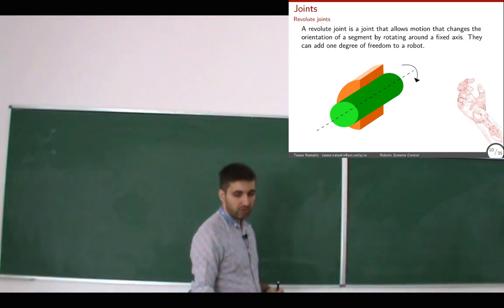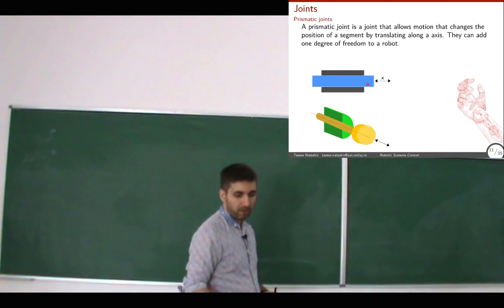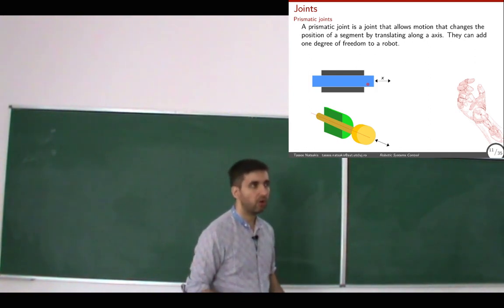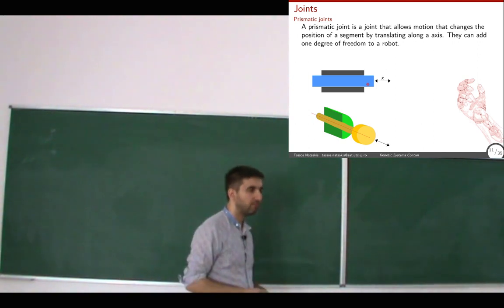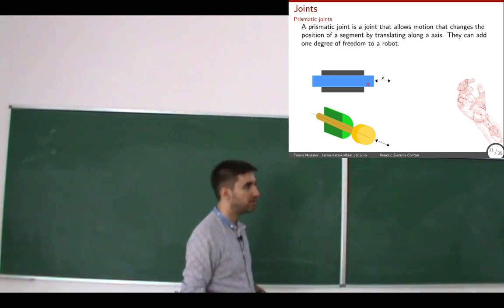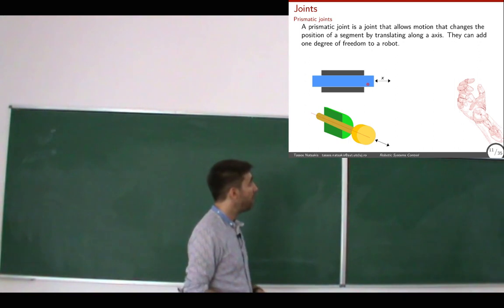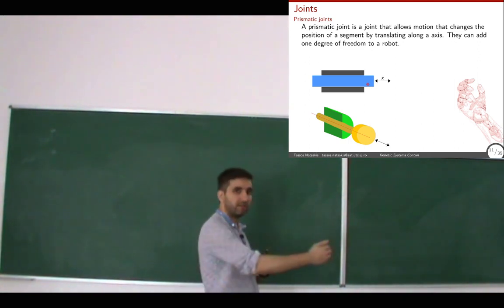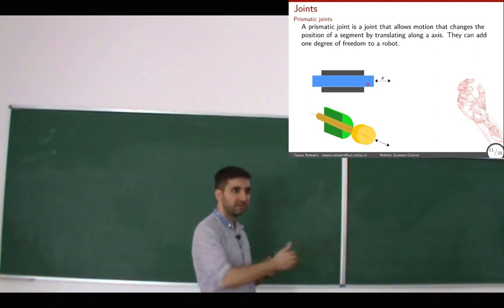And the other type of joint that we'll see is the prismatic joint. Sometimes you might call it a translational joint, but the correct terminology is prismatic. A prismatic joint allows motion that changes the position of a segment or a link along an axis.